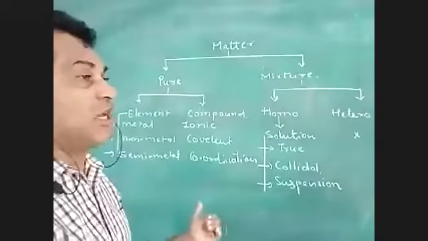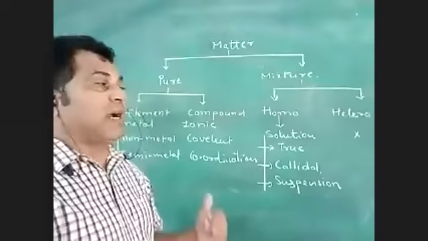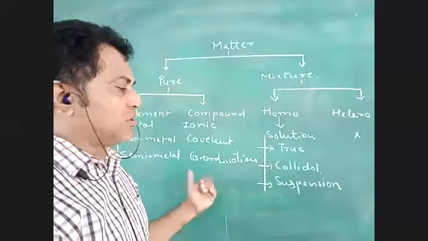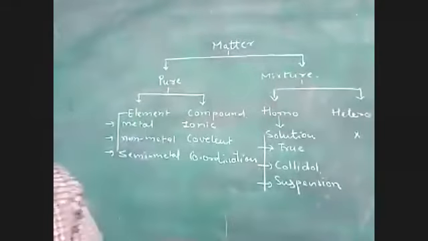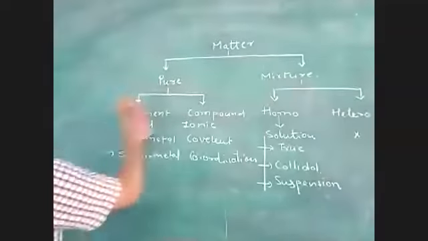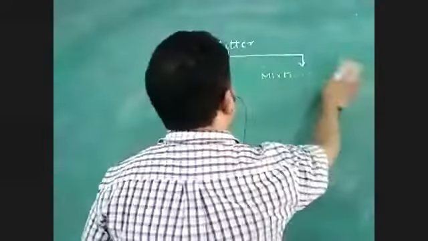Homogeneous mixture is also known as solution, and this solution can be divided into true, colloidal, and suspension solution. So this is our category to study matter. Hope that you understand this point of view of matter.